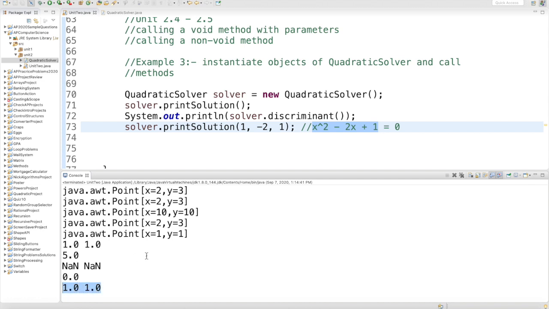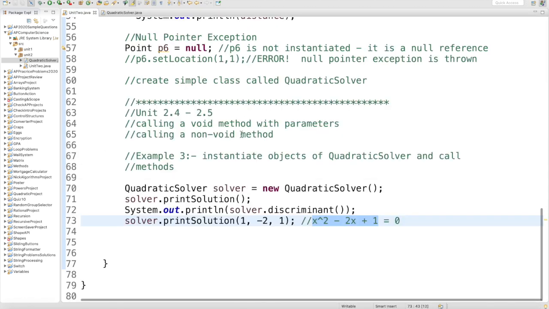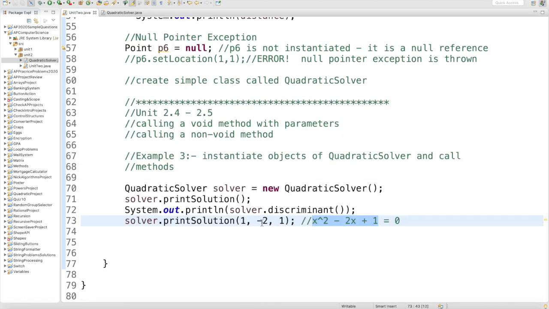And remember, they were doubles, so 1.0, 1.0. And you should be saying to yourself, how come you put ints in here if these are supposed to be doubles? Widening conversion, widening conversion. So even though I put 1, -2, and 1, what actually goes in is 1.0, -2.0, and 1.0, because they are doubles.